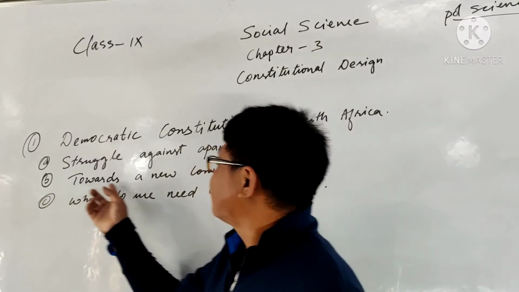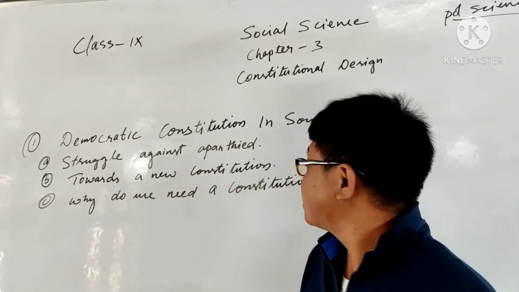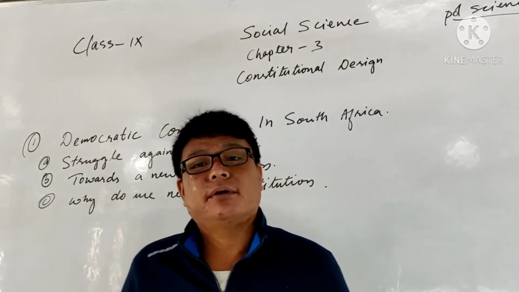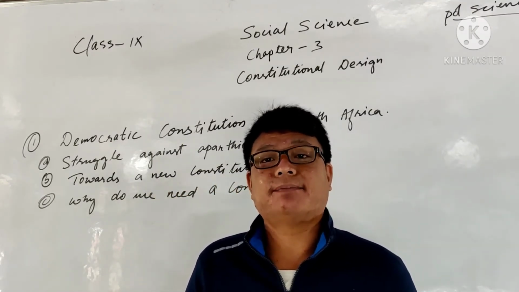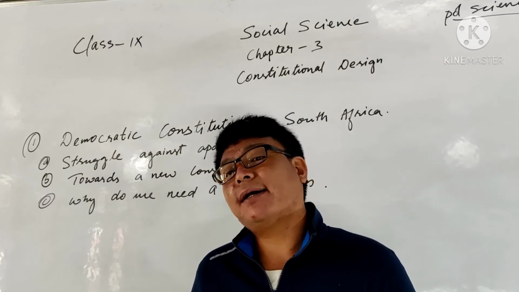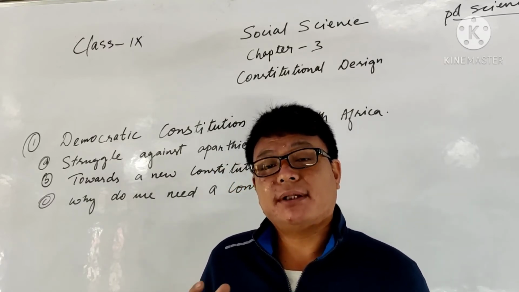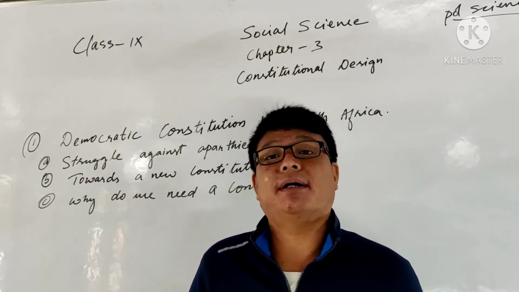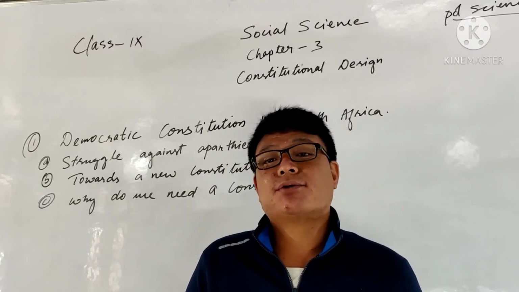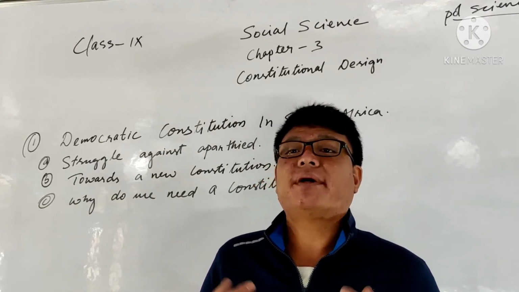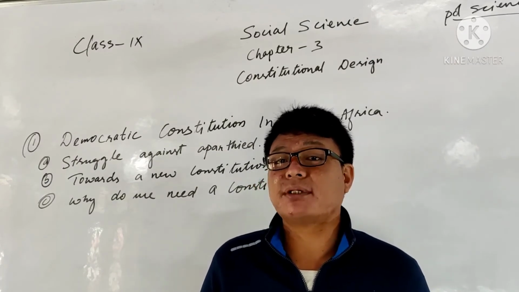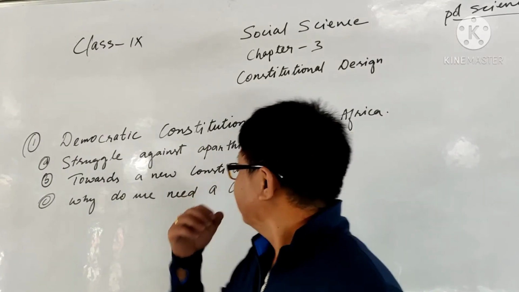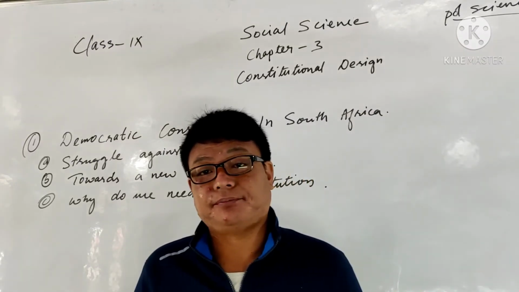The next topic is the move toward the new constitution. Like in India, in Africa there are many countries, and one after another they got independence. But now we specifically emphasize South Africa. So before they got independence, like in India, they also needed new rules and regulations, which are known as a constitution.